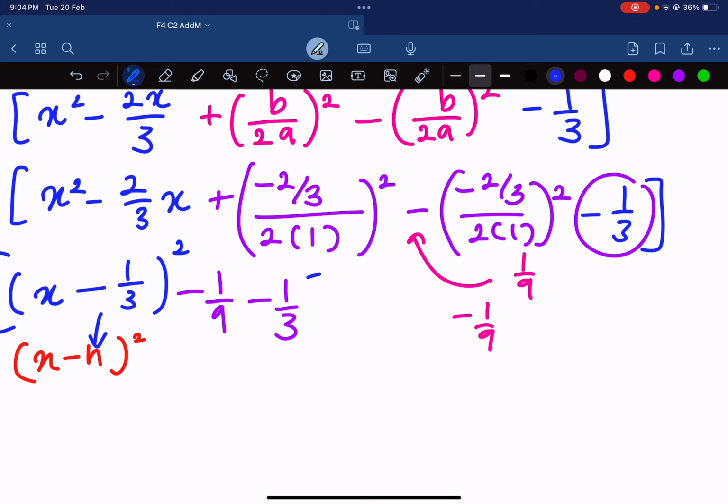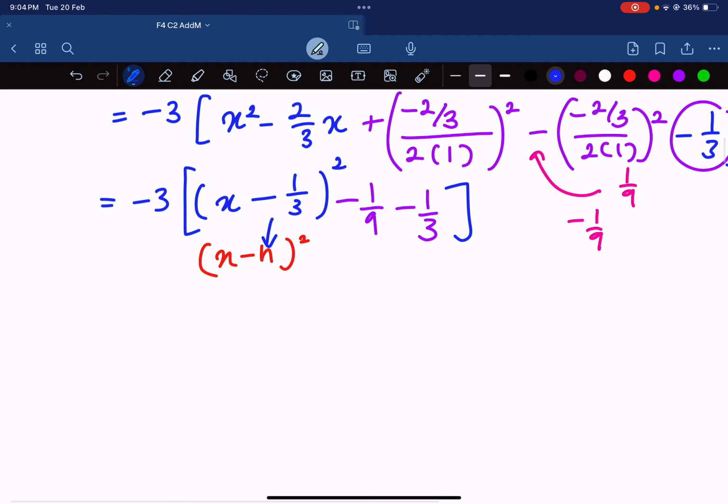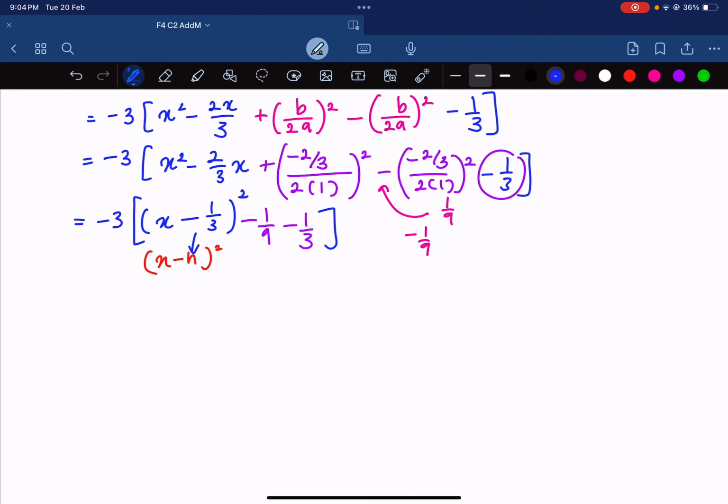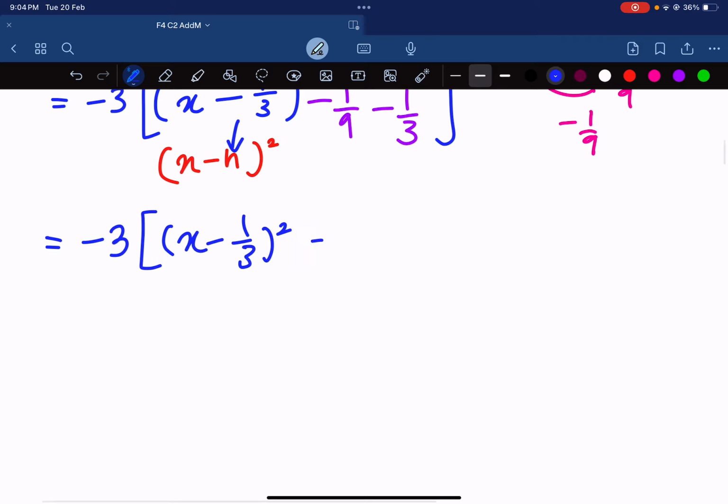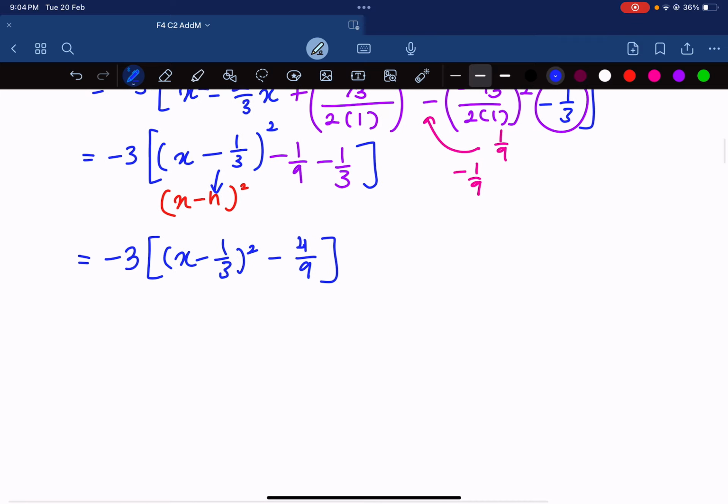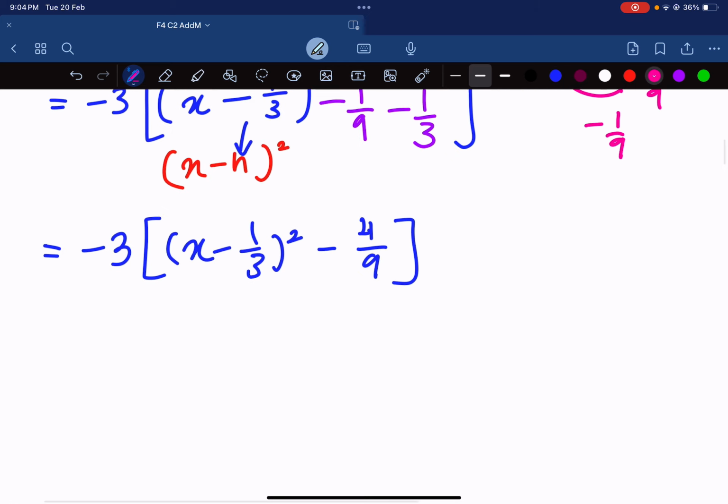Okay, so kita bracketkan balik lah. Alright, so kita akan tulis balik the whole expression, x tolak 1 per 3 squared, and negative 1 over 9 minus 1 over 3 is negative 4 over 9. Okay, so dah sampai sini, baru you masukkan balik yang you dah factorize tadi. So negative 3 ni, dia akan darab kepada kurungan ni, and dia akan darab kepada negative 4 over 9.